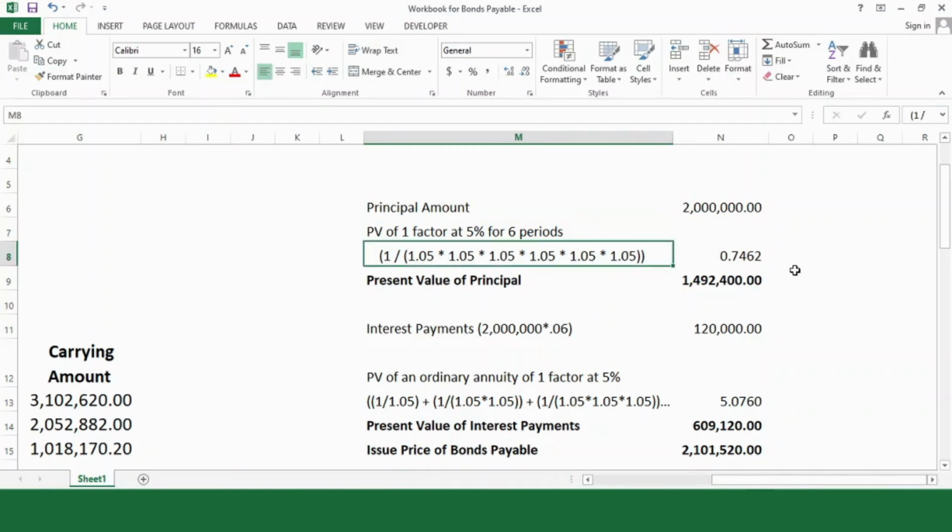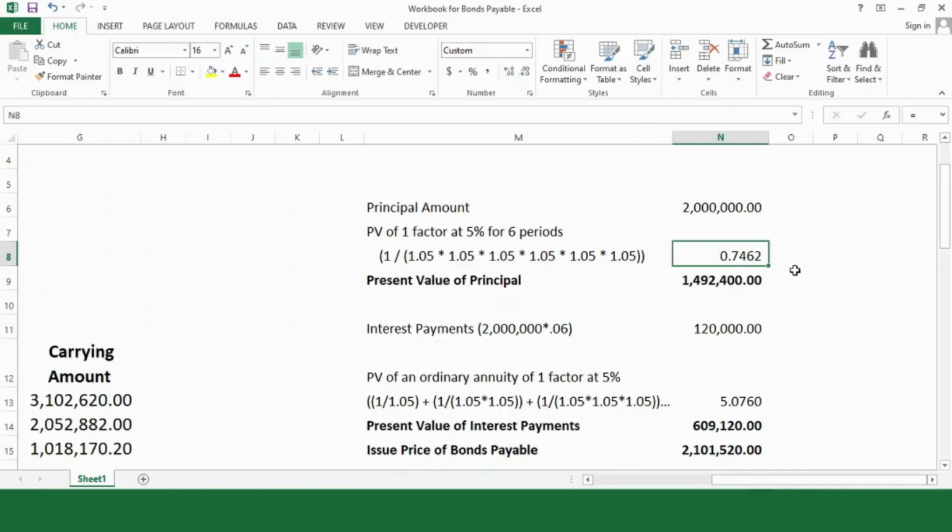Paano kunin yon? Sa mga scientific calculator, 1 over 1.05 times 1.05 times 1.05 times 1.05 times 1.05 times 1.05, 6 na 1.05 sa baba, times mo respectively. Then 1 over that is the present value of 1, using the 5% and the 6 periods. So 0.7462 if you will get 4 decimal points.